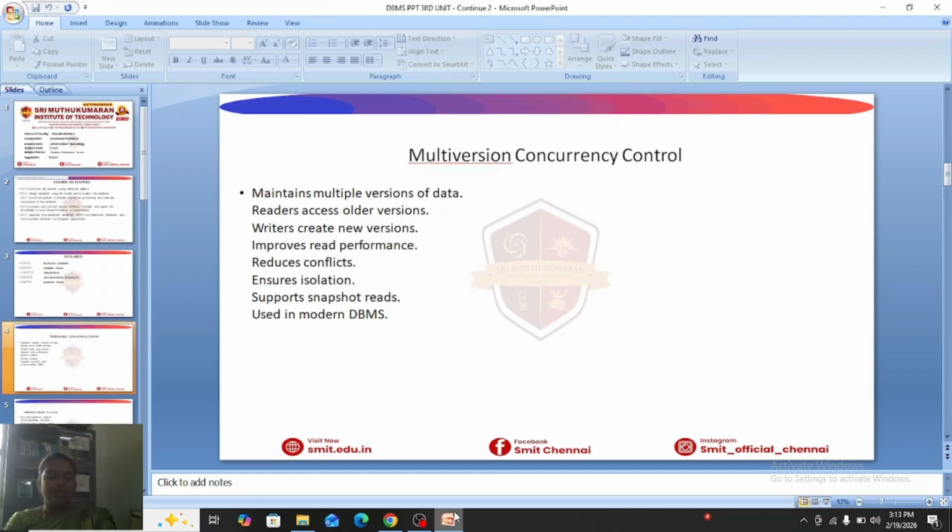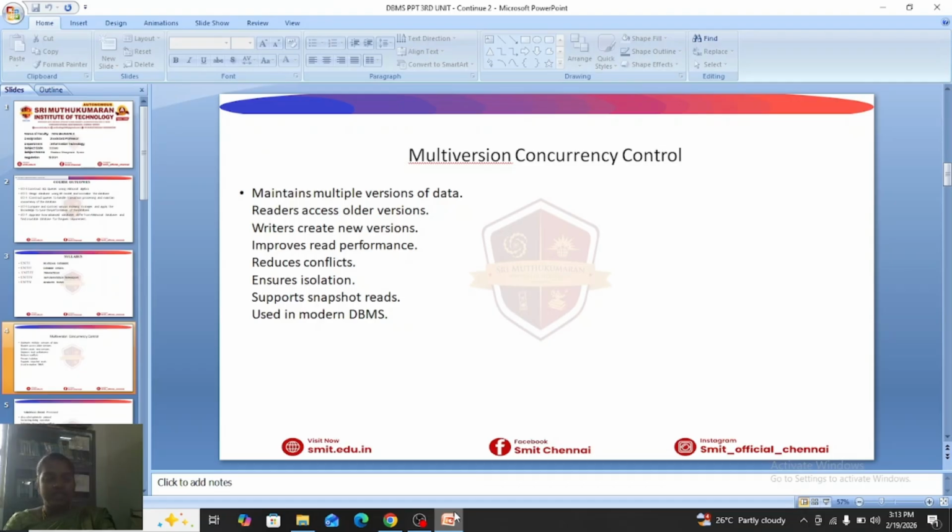Multi-version concurrency control solves this by allowing non-blocking reads, reducing lock contention, and improving throughput. The main concept is that each time a transaction updates a data item, a new version of that item is created, and the old version is kept for other transactions. Each version contains the data value, the timestamp of creation, and the transaction ID.